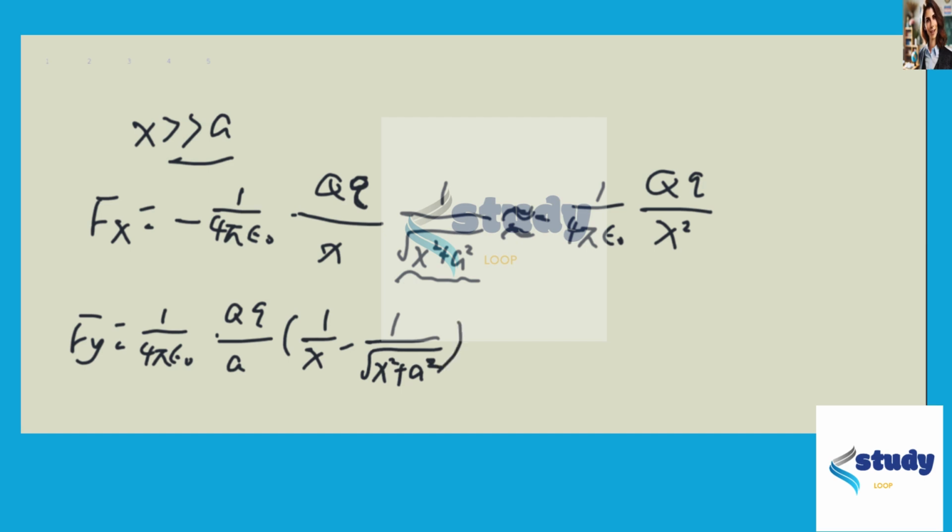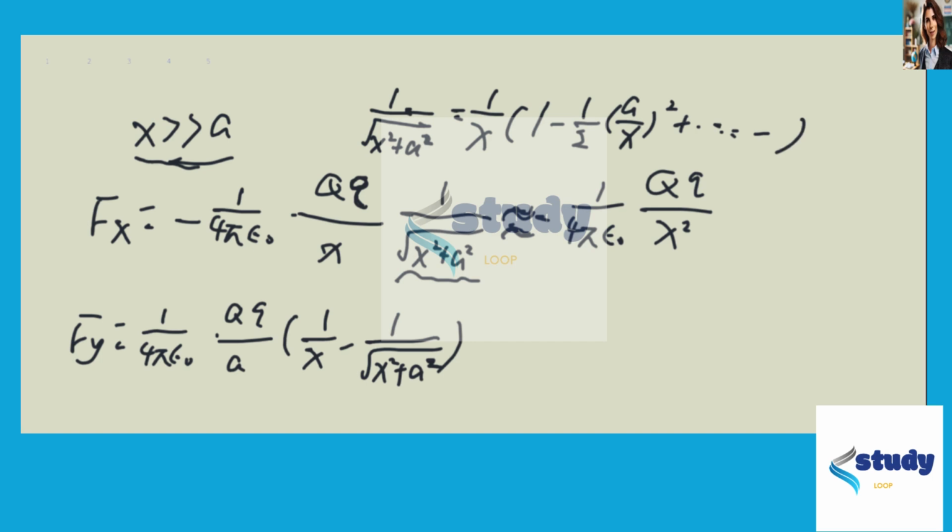Under this condition, we use the Taylor series of 1 over square root of x squared plus a squared, which equals 1 over x times (1 minus half a squared over x squared plus etc.). So we just need to consider the zeroth order and the first order.